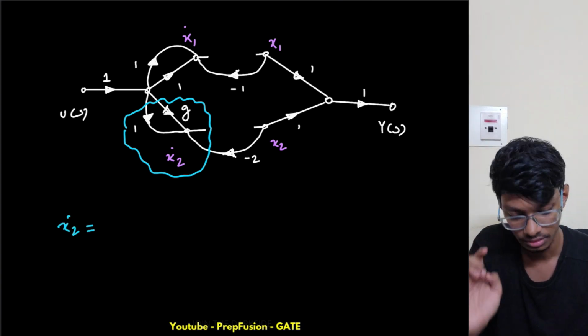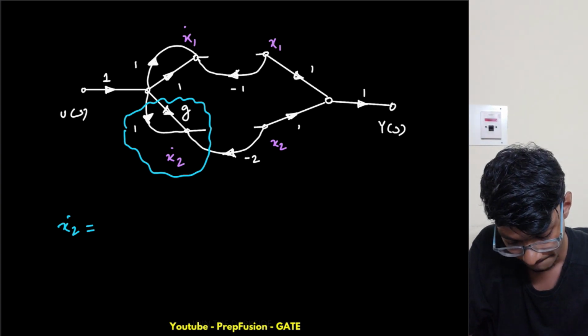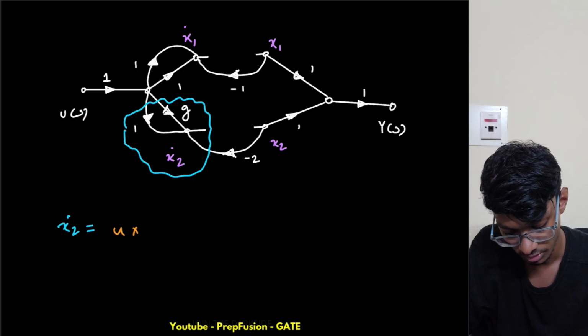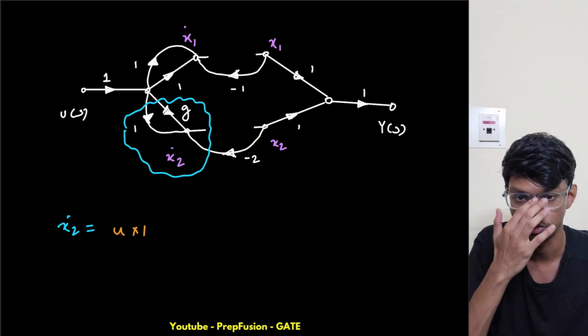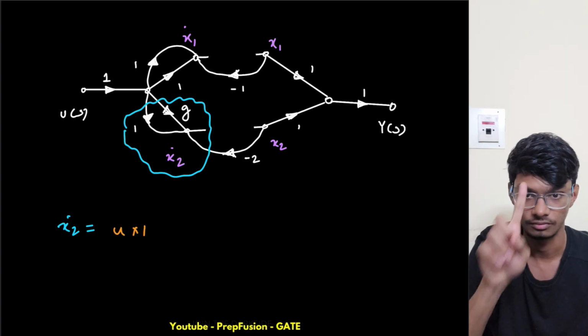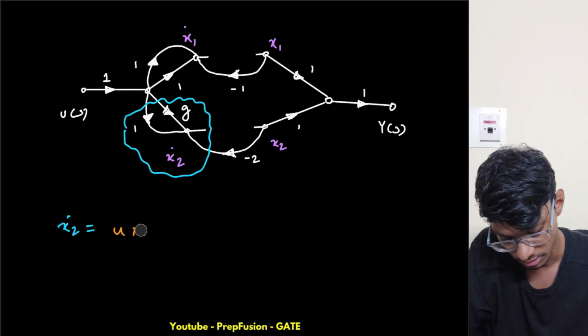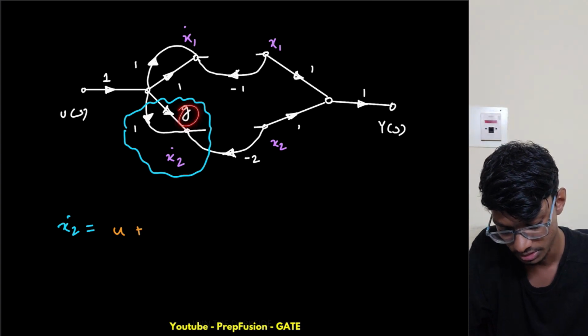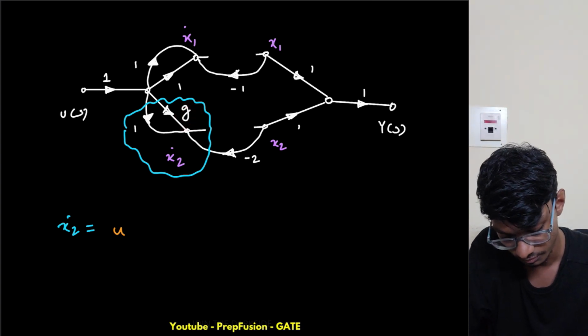So what is my x2 dot? X2 dot is equals to, simply this is one of the forward path, so u times 1, as there is no loops, so associated loop gain will be 1 only, right? So this is u plus this is another gain block, so this is g times u.